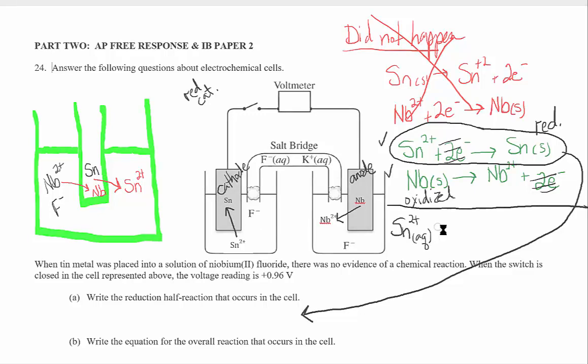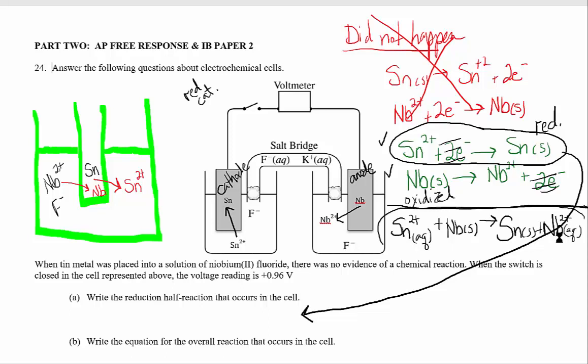You guys need to get used to doing that. Plus niobium solid, sorry my pen is doing something funky here, goes to tin metal plus niobium ion. This right here goes in letter B.